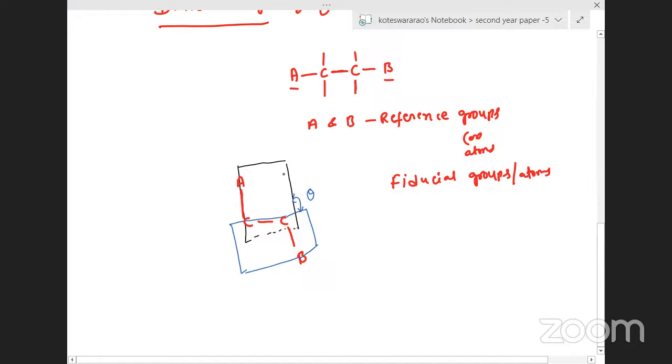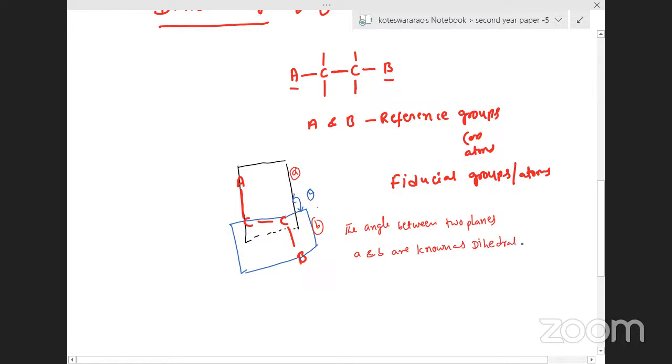Suppose this is the plane A, this is the plane B. Okay. The angle between the two planes A and B is known as the dihedral angle.